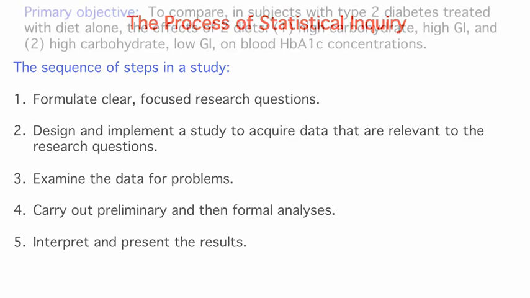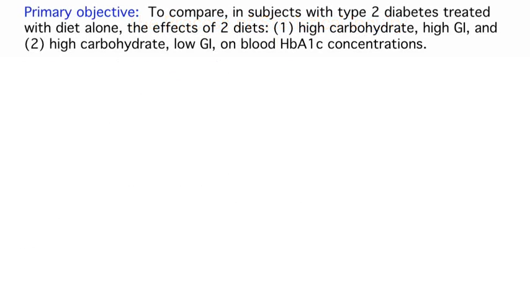Let's start with our primary objective, to compare HbA1c between our 2 diet groups. In our preliminary analyses, we decided to look at the change in HbA1c from baseline to the end of the study, to see if that differed between the low GI and the high GI diet.